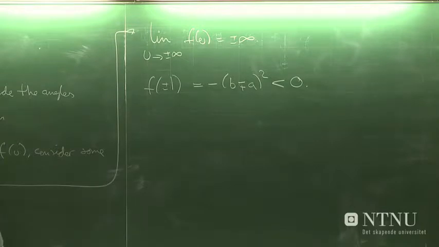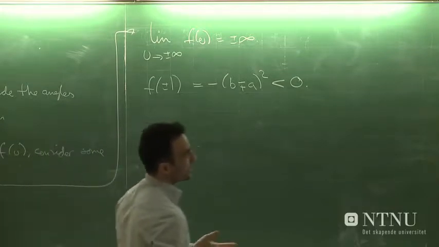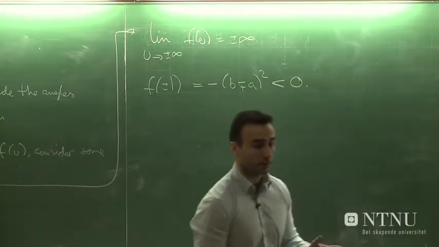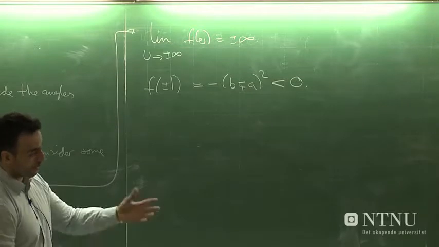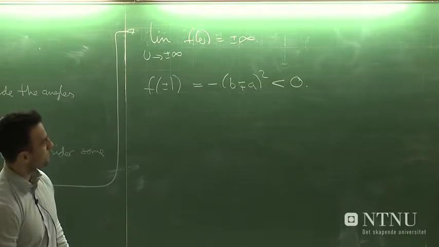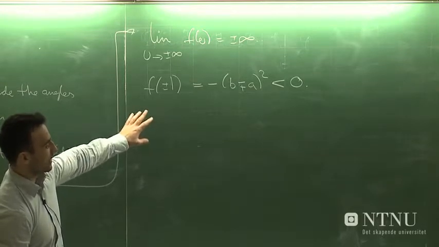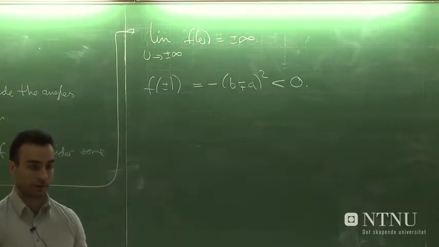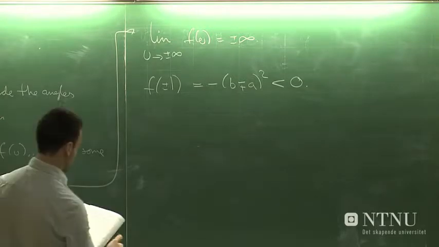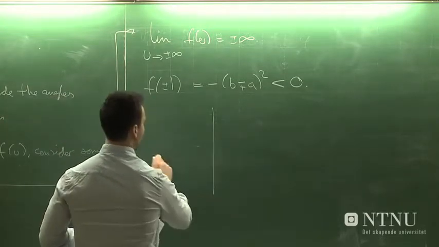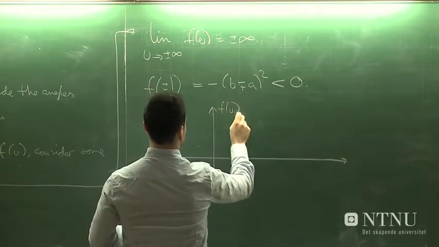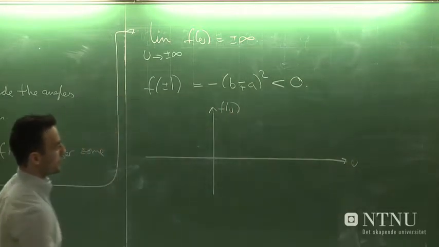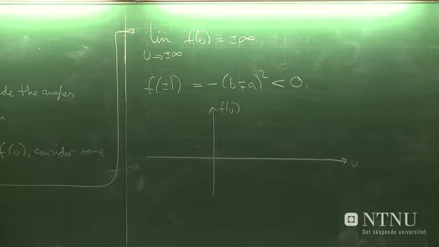So why have we considered plus minus 1? Why is that interesting? Well, u is given by cosine of theta, and cosine of theta varies between 1 and minus 1, as long as theta is real, which it should be in this case. So one can think of this as the value of f in the extremal points of theta. So let's see if we can try to qualitatively sketch this function now.